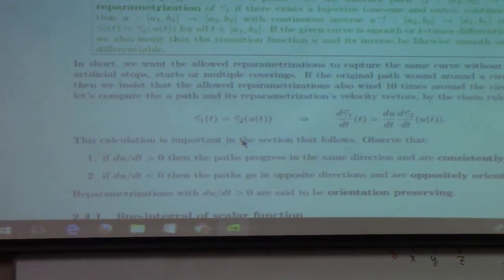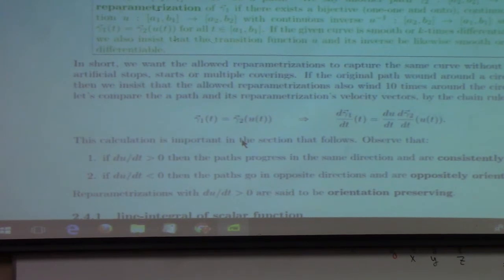Remember we did the arclength, the unit speed reparameterization of the curve? That's a specific example of this idea. We traded our t for an s of t, so we traded the original parameterization for the arclength parameterization. We could think about this idea more generally, all possible reparameterizations of a curve.